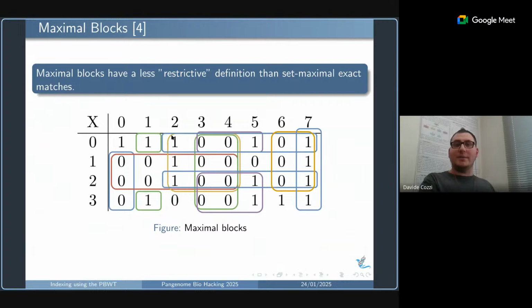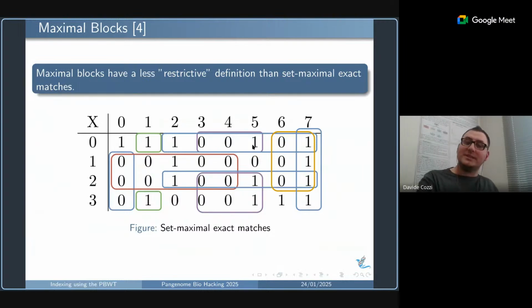If you look, for example, at the yellow rectangle, this is a block, but this is not a set maximal exact match, because if we are computing the SMEM, we can extend the 0 line and the 2 line because we have a one in column 5 on the other end, and obtain, for example, this set of SMEMs.